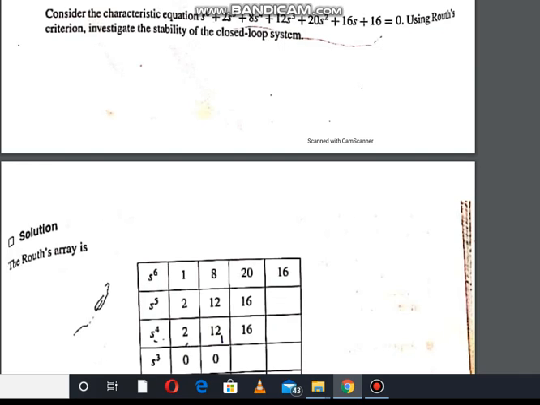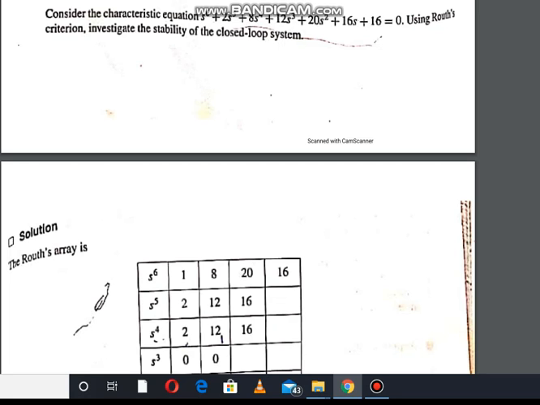To find the next value in the same row, we leave the second column, and the matrix is 1, 2, 20, 16 divided by 2. If we multiply, you will get 12. To find the third value, we leave the third column, and the matrix is 1, 2, 16, 0 divided by 2. If we cross multiply, we will get 16.